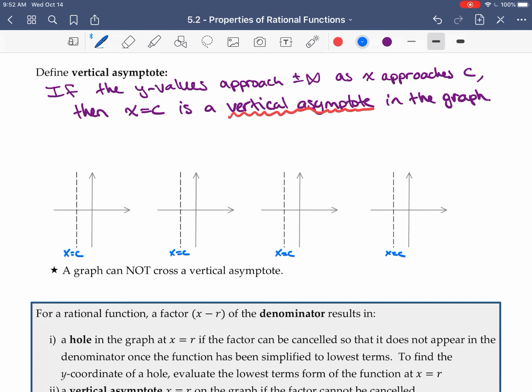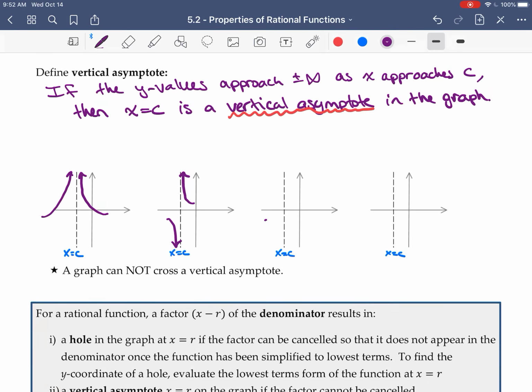And our graph can approach in a variety of ways. Maybe on both sides the graph goes to positive infinity. It could be that on one side it goes to negative infinity, and on the other side it goes to positive infinity.